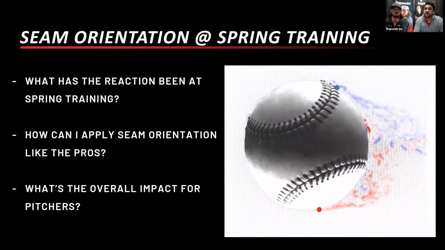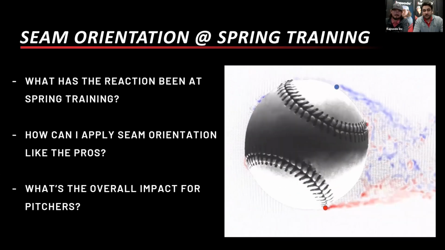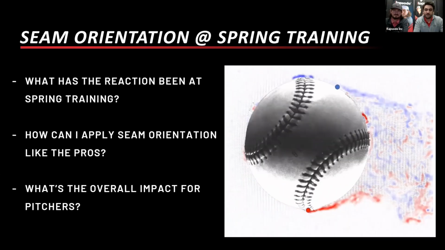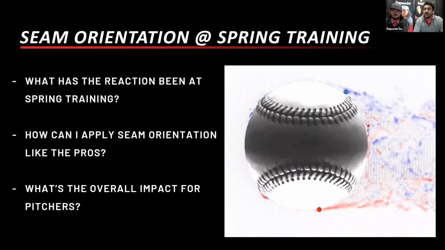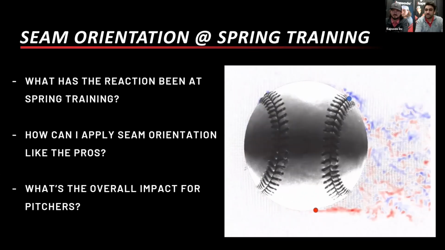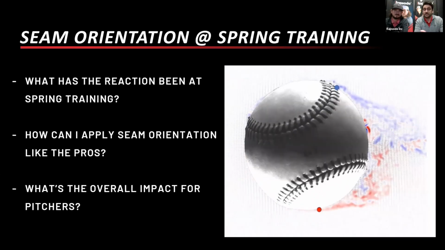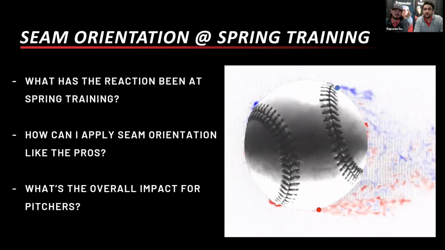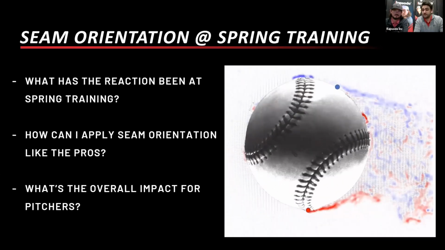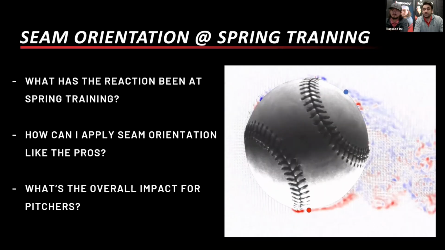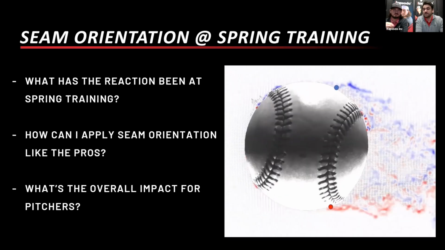So for different spin direction and gyro degree, you're going to have a different range of angles where seams are going to be important. That's why every pitcher is unique, and as a result, the ideal seam orientation for each pitch type is going to be different. That's because seam shifted wake is a function of all of these other properties of the pitch itself.